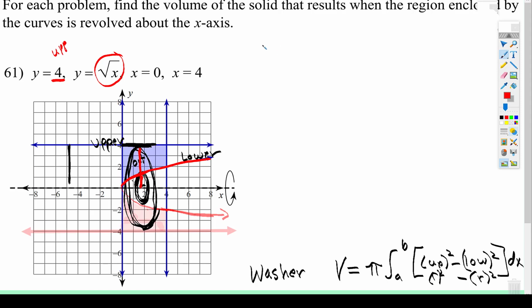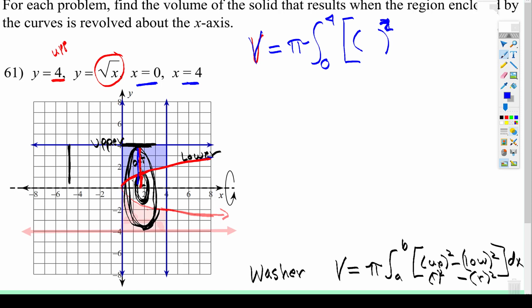So for the washer method, you would say volume is equal to, we'll pull the pi out, and then they give us our lower and our upper, so from 0 to 4, and then it's the outer or the upper radius.